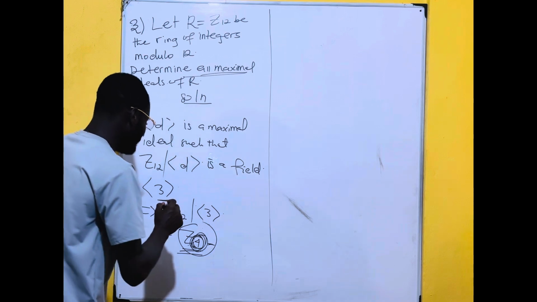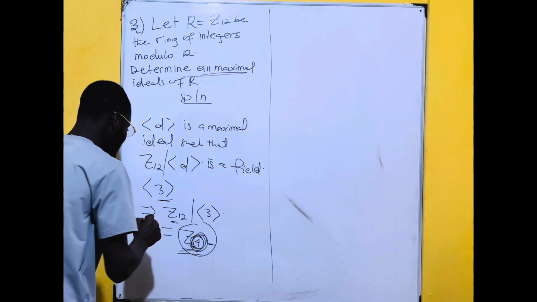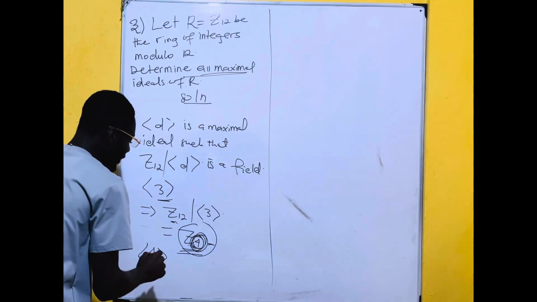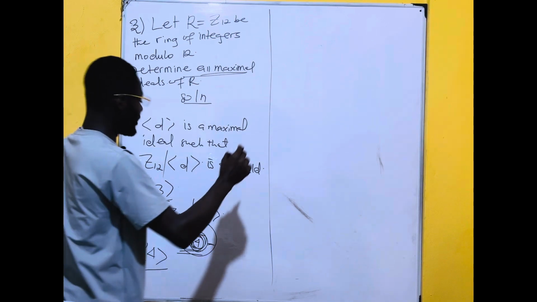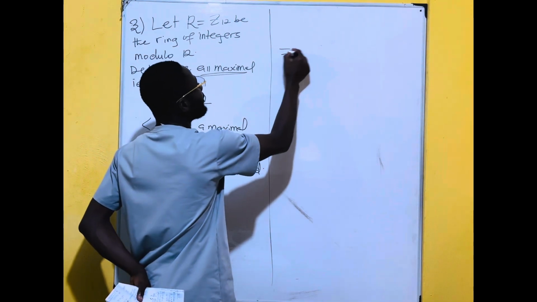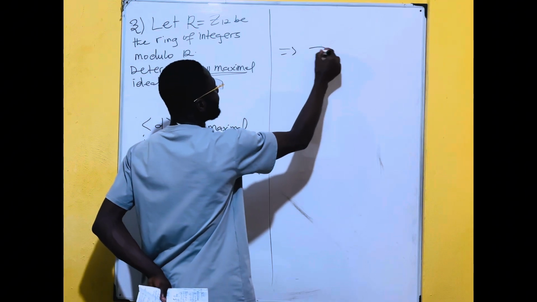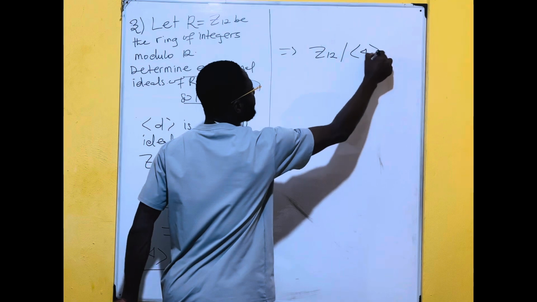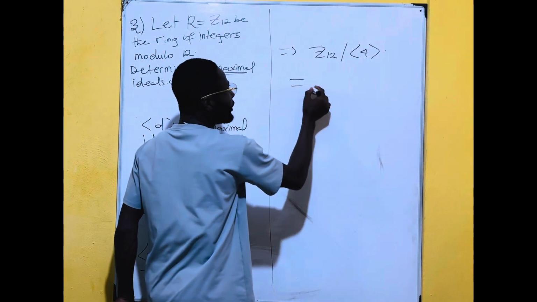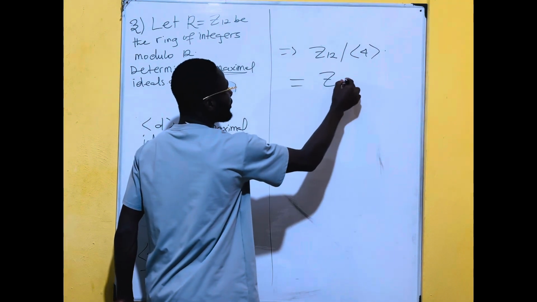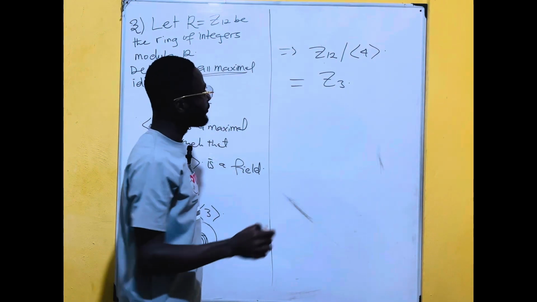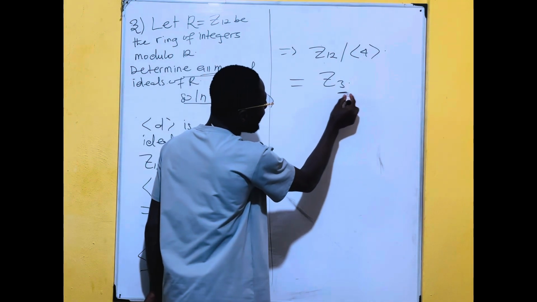Now we go to 4. If you take (4), this implies that Z12 modulo (4) will be equal to Z3, because 4 goes into 12 three times.